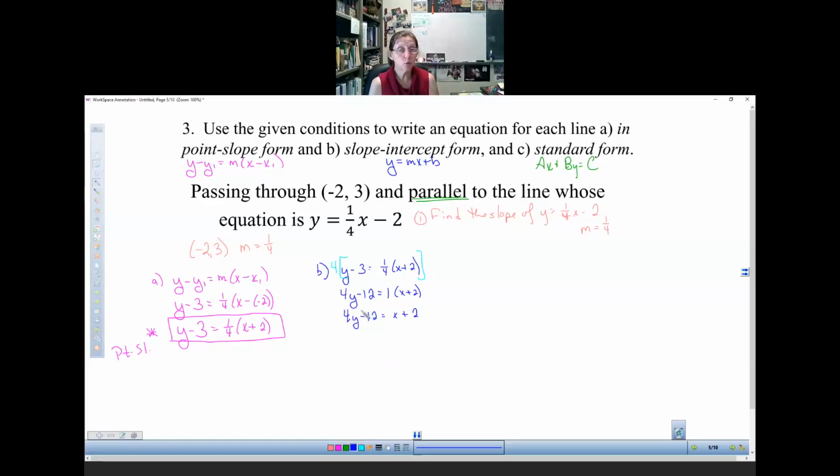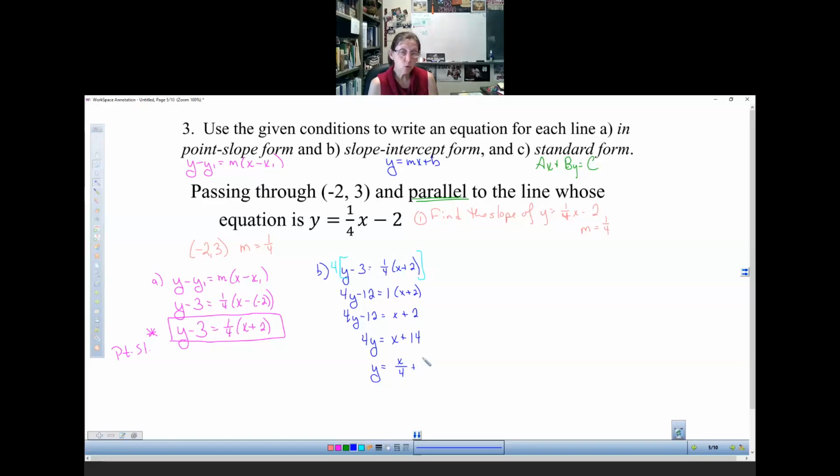So the first thing I'm going to do is add 12 to both sides. And so that's going to give me 4y is equal to x and then plus 14 because I added 12 to everything. To continue solving this for y and to get it into slope-intercept form, I have to divide each piece by 4.